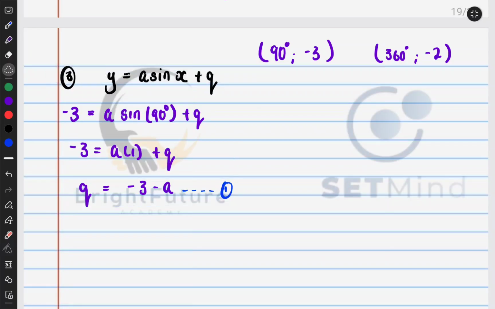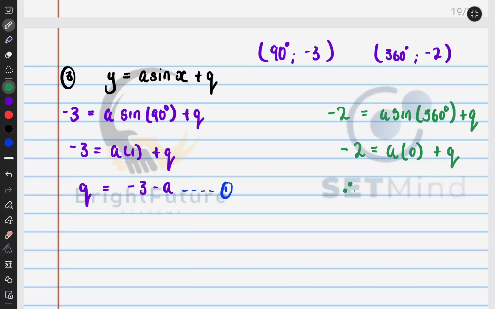Let's do equation number 2 by substituting 360 degrees and -2. -2 is equal to a into sine 360 degrees plus q. What is sine 360 degrees? That is 0. So -2 is equal to a into 0 plus q.